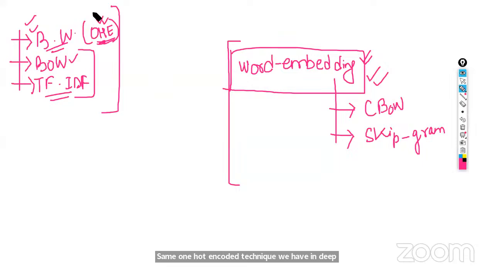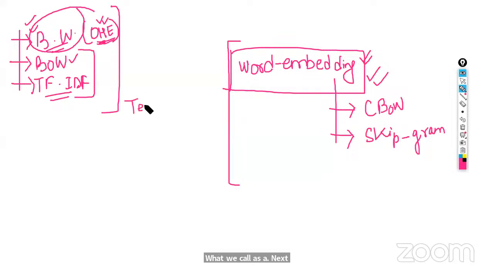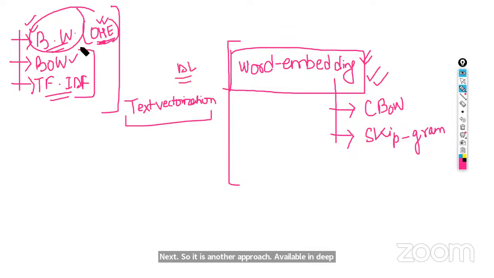So just like this binary weights, we have something called text vectorization. It is another approach available in deep learning, which works just like this binary weight or one-hot encoding, right?